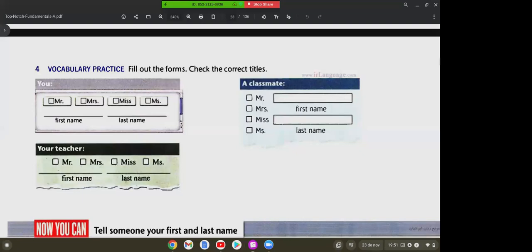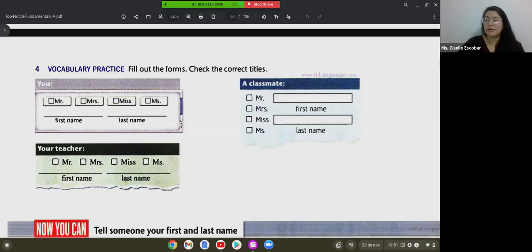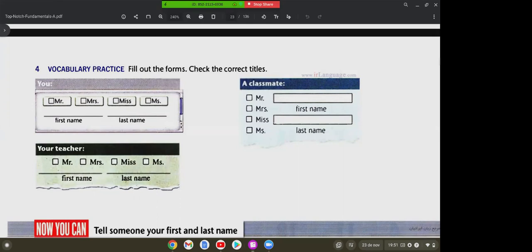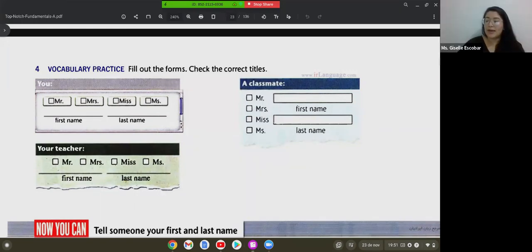Okay. Mr. Cristobal Rivera. Your teacher, Miss Giselle Escobar. Classmate, Miss Sara Melara. Okay, perfect. Thank you, Cristobal. Erika, can you read yours? Yes, about me, Miss Erika Canjura, teacher Miss Giselle Escobar, a classmate Mr. Giovanni Rivera. Okay, perfect. Thank you, Erika.